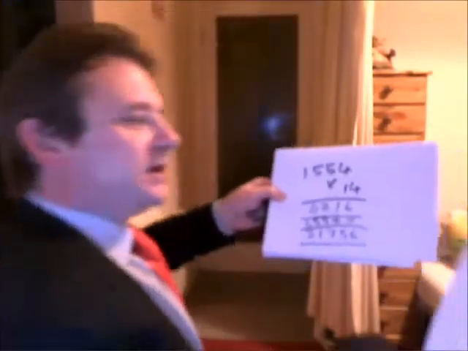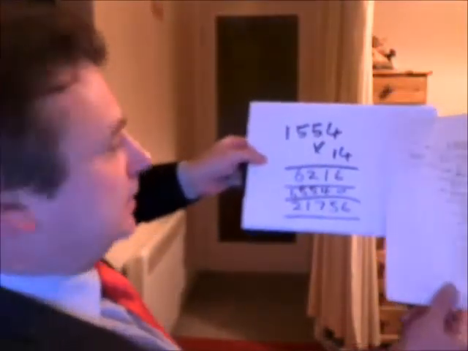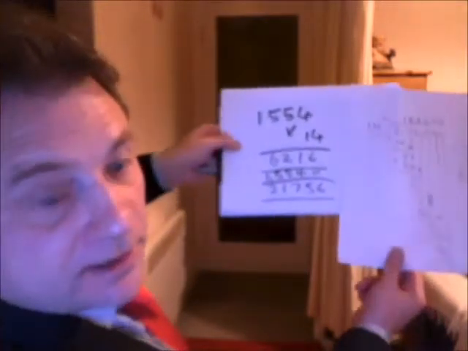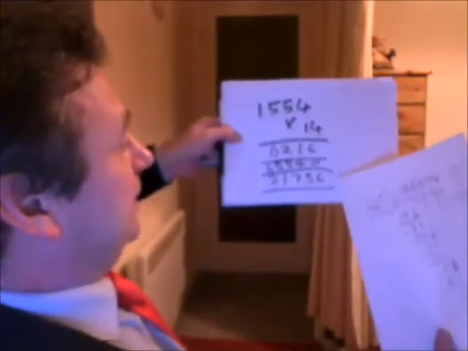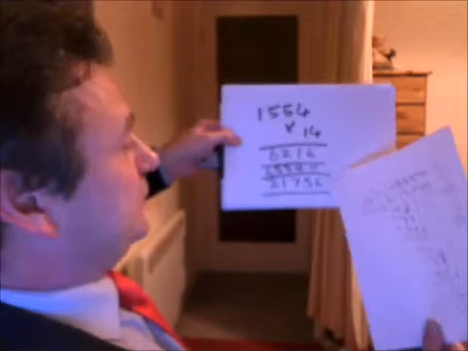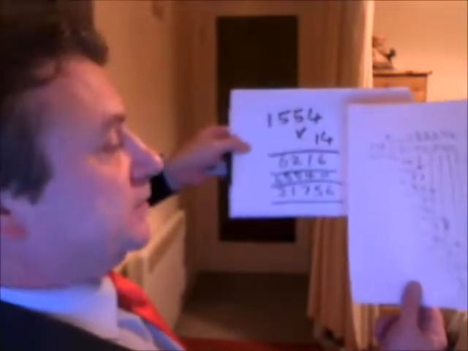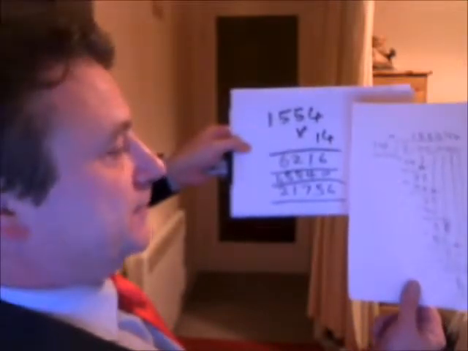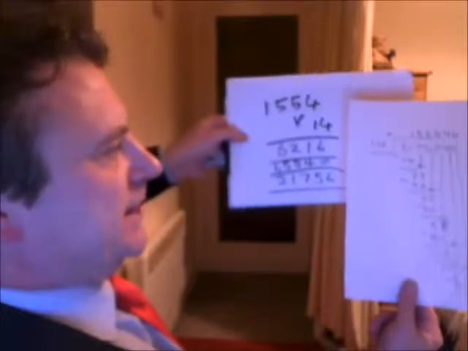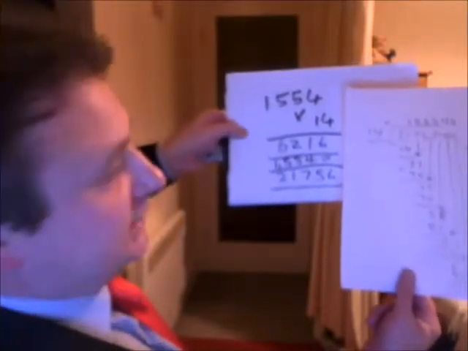21,756. And how does that equate? That proves that we have done the sum correctly, because it gives us a remainder of 2, and that is what we got here, didn't we? We got a remainder of 2. But we turned it into a decimal, remember?